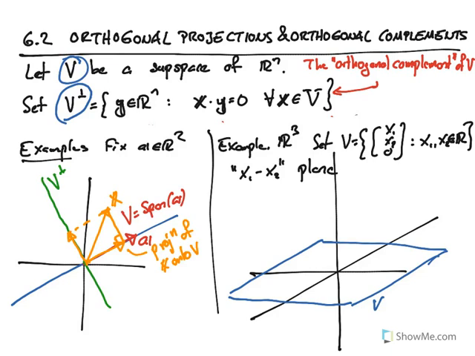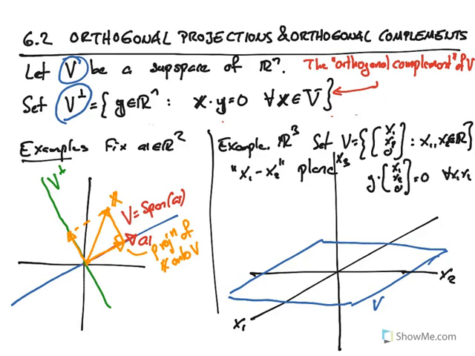We have x1, x2, x3. And now let's think about what is the orthogonal complement of V. What's the set of all vectors y such that if you take the inner product of y with x1, x2, 0, it is 0 for all x1 and x2?